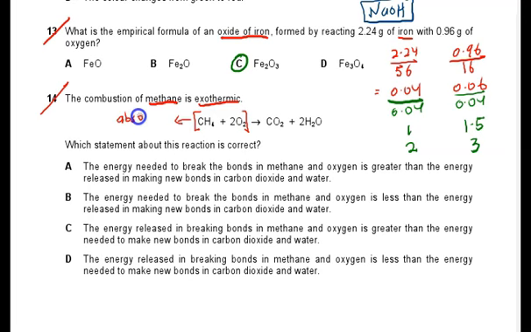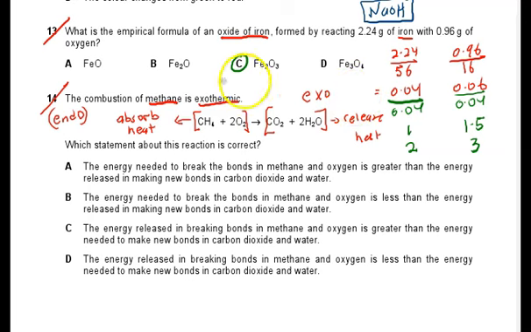Absorbing heat is more to endothermic. Why are they absorbing the heat? Because they need to break the bonding of these molecules. Here they need to release the heat because they need to form the bonding. So this is more to exothermic.